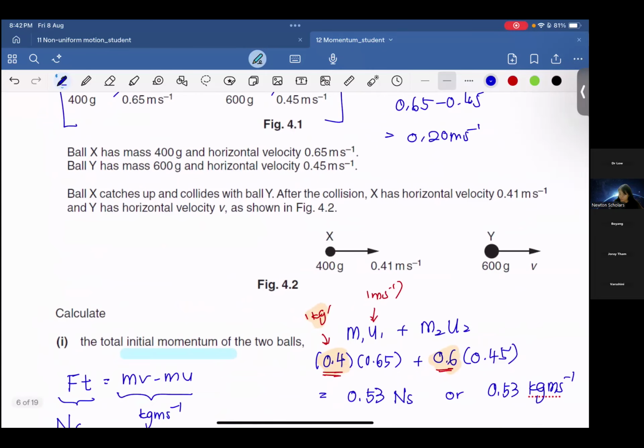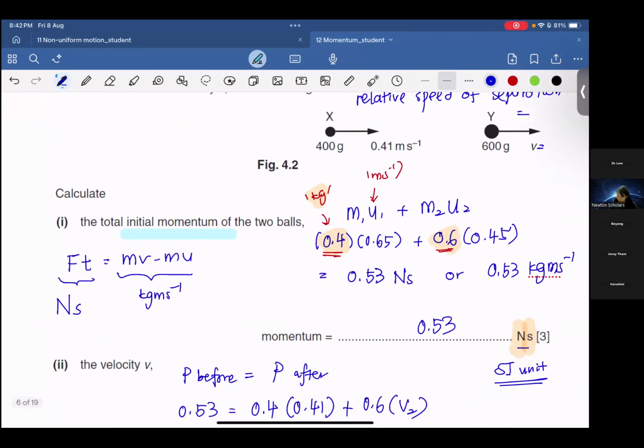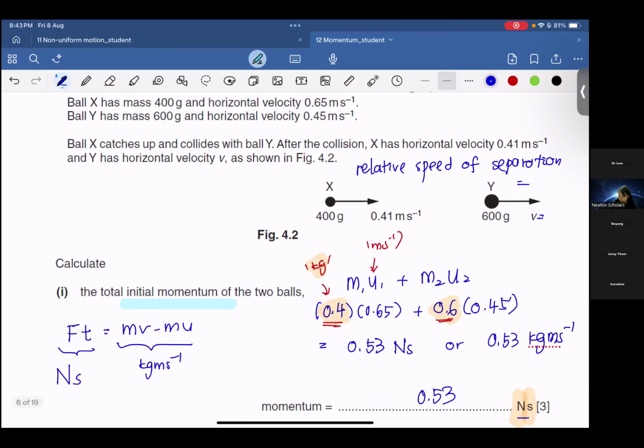Okay, so how about after? This one is the relative speed of separation. This one will be V. Just now we calculated V is 0.61. They are also in the same direction, so I also minus. So here the relative speed of separation will be 0.61 minus 0.41 equals 0.20 meter per second.